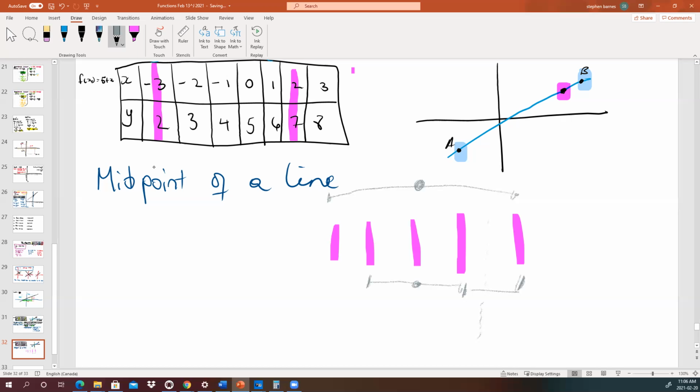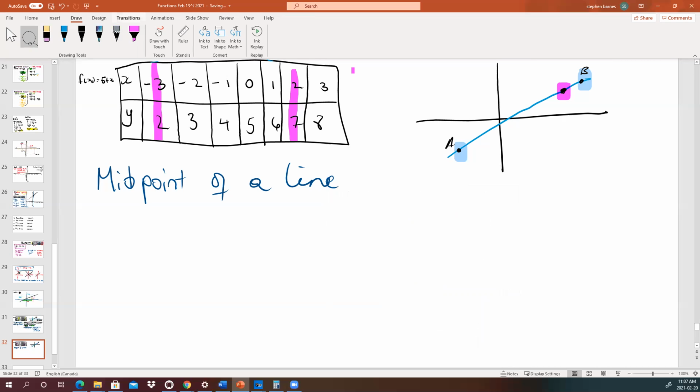Halfway between Shauna and Amoy in this line is going to be different from halfway between Stephen and Alison in the same line. Following? Okay. So you're not going to get the same answer, and that is okay, right? I want you to be able to appreciate the concept for the concept's sake, and not just memorize it, because memorizing alone doesn't make sense. When you come up on questions that you have to reason, your understanding is going to be very important.